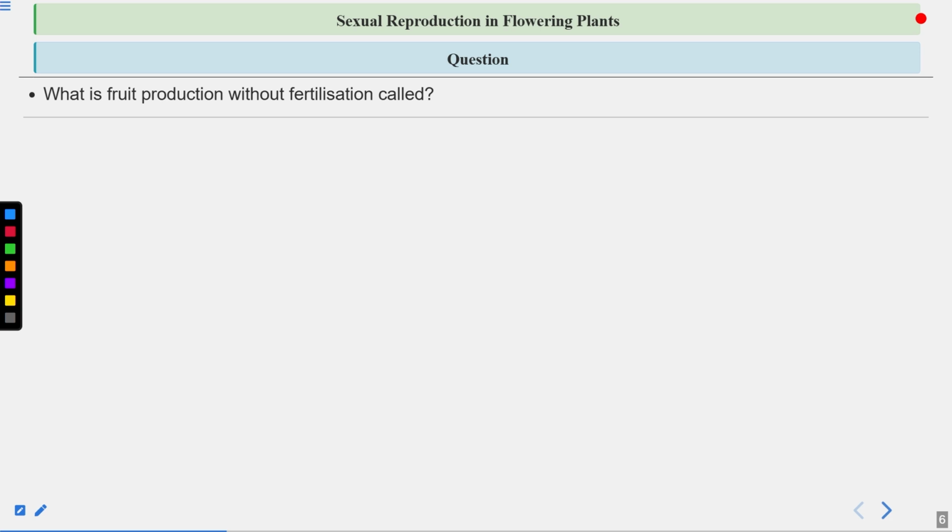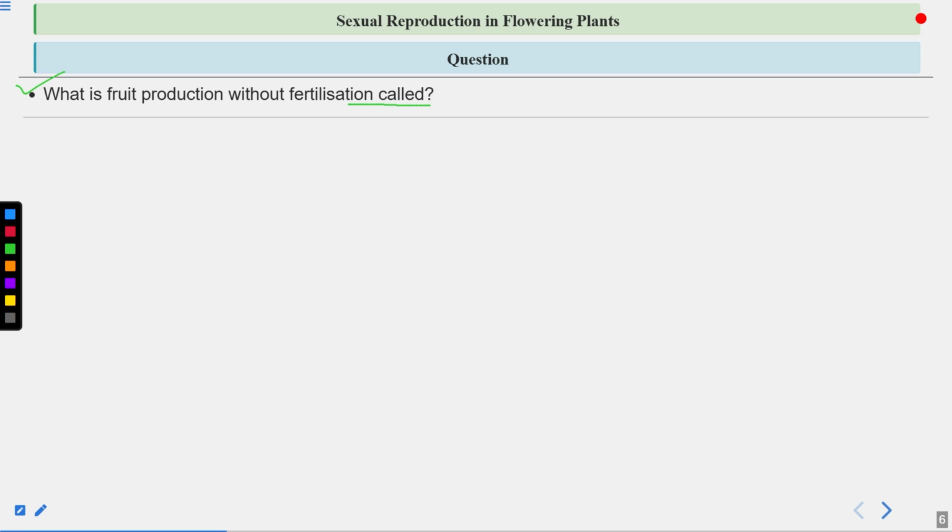Now there is a question, an in-text question in your NCERT book. What is fruit production without fertilization called? Fruits are formed but without fertilization. Just now we have seen that seed formation without fertilization is called apomixis. But what is it called when the fruit is formed without fertilization?